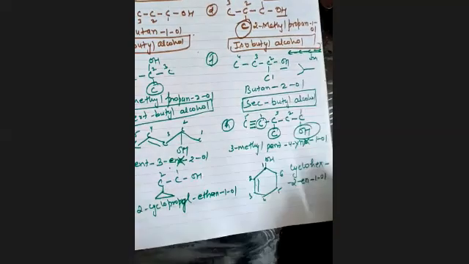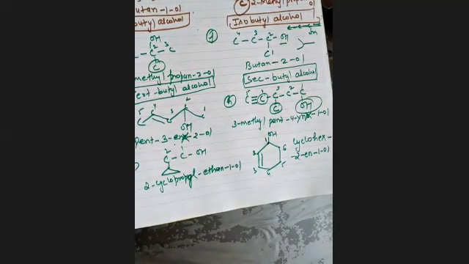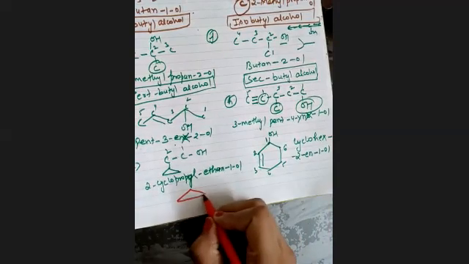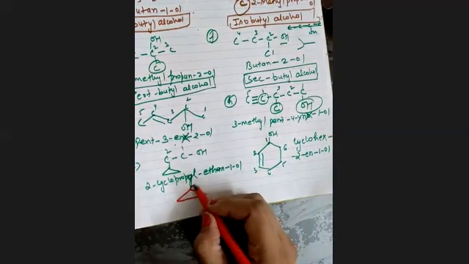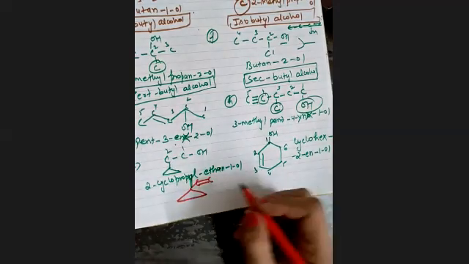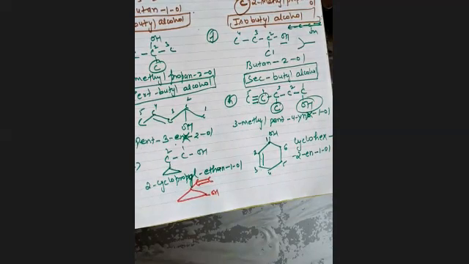Okay. Some exceptions are there. Some different types of questions are also there, which I want to tell you. Let me just change the color for that. For example, I am having this compound on which we have carbon, carbon. Remember, I have already taught you this type of example.